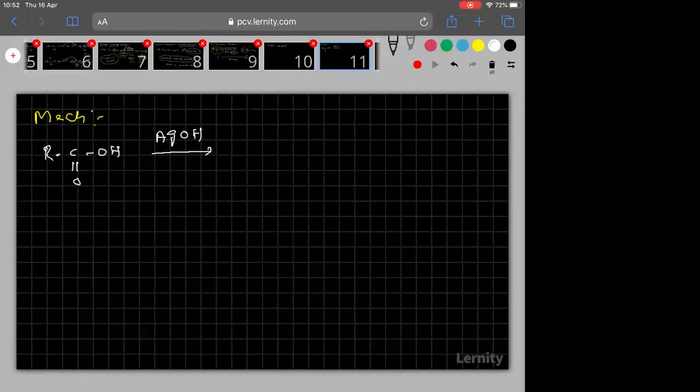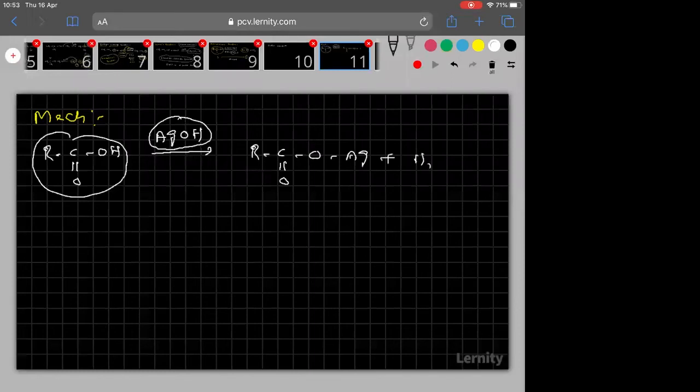The starting one is an acid, and this is a base. Acid plus base gives salt plus water, a neutralization reaction. Then you will get RCOOAg, the silver salt, plus water. Hope the first step is clear to you. Please copy. Acid reacting with base gives salt and water.